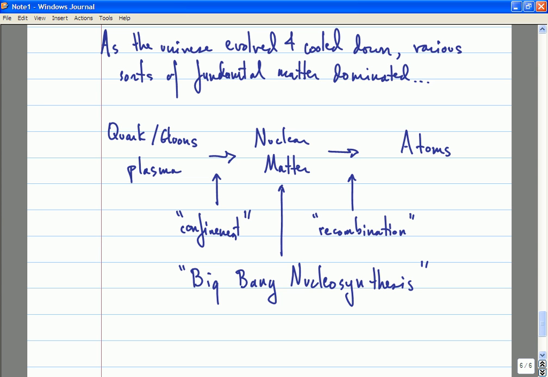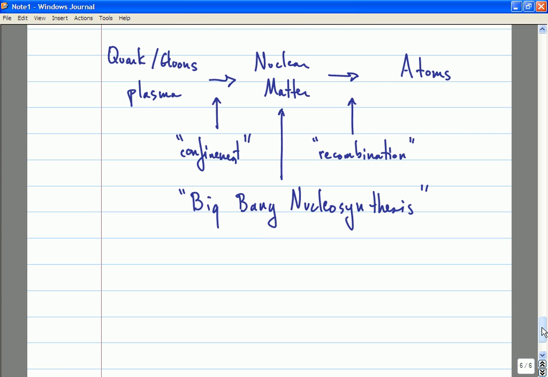However, it's important to understand that whereas atoms are objects that do not carry a global charge, an atom has the same number of protons as electrons, so it has no global charge, nuclei do.